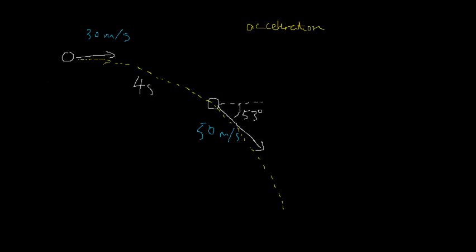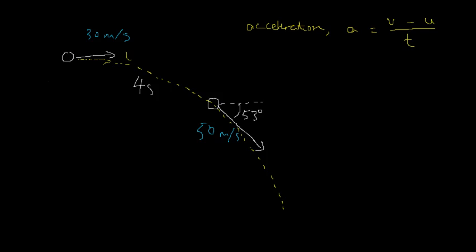Now we know that the acceleration is given by the final velocity minus the initial velocity divided by the time taken. But things get a little bit complicated here because the motion is not along a straight line, so we can't just use numbers for the velocity.